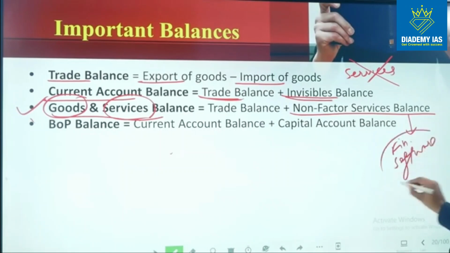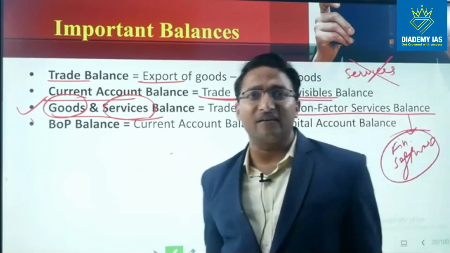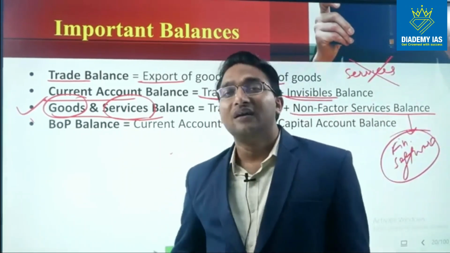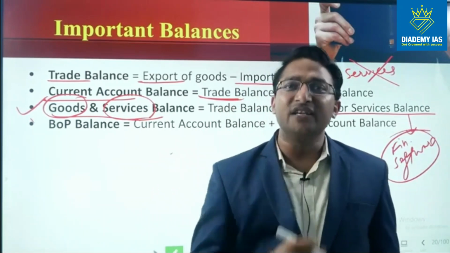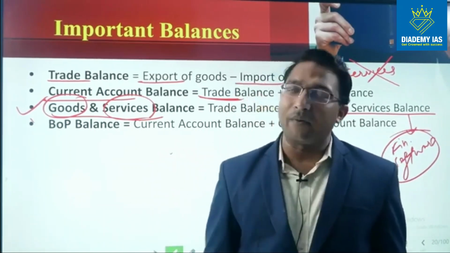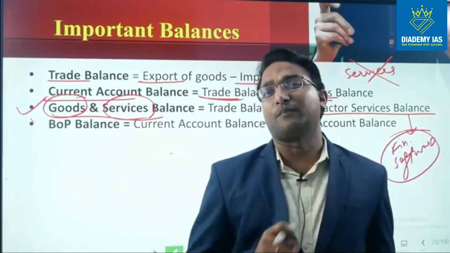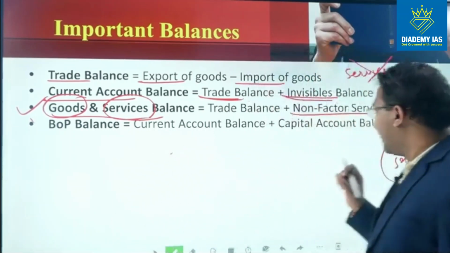So non-factor services means the services other than the factor services. What is the example of factor services? Factor services means payment of salaries for the labor, payment of interest for the capital, payment of rent for the property. So those items which are given as reward for the factor services, they are not included here.